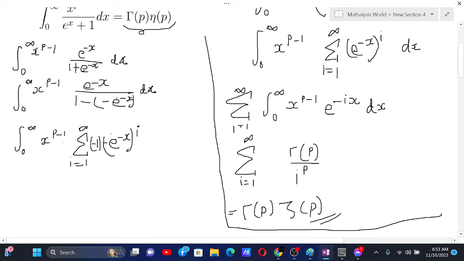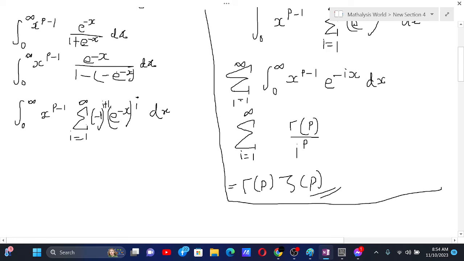So we can write e to the power minus x to the power i and then minus 1 to the power i plus 1. This also captures the geometric series, and then dx.